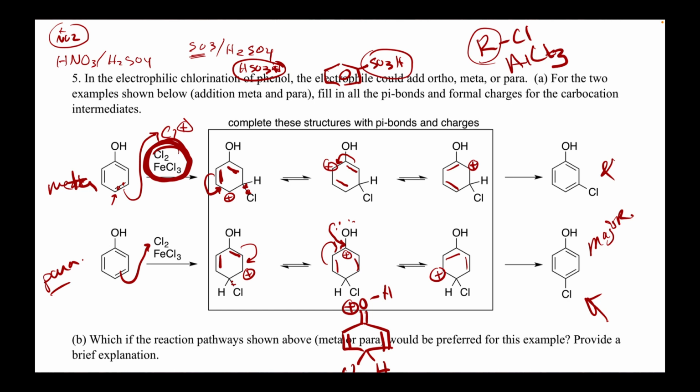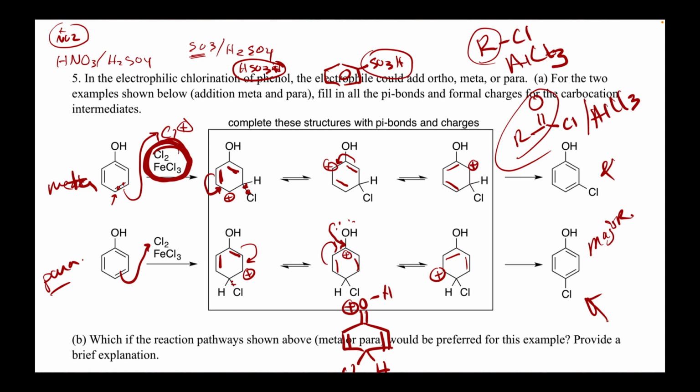We can do acylation, so anything that has a double bond oxygen, an acid chloride, which we learned about just this past week, right? Acid chlorides with AlCl3 make this group plus and put on an acyl group. So remember all those different types of things we can add to a benzene ring.